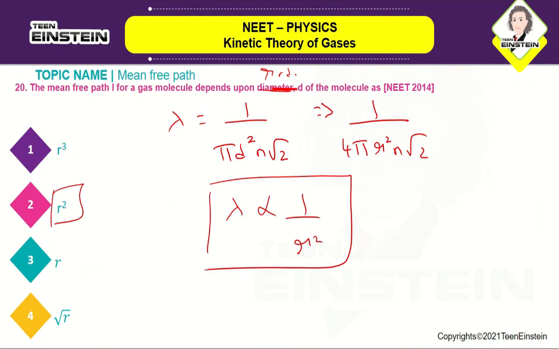The same formula, in the last question they were asking how it is related with the diameter, and in this particular question they are asking how it is related with the radius. So in both the cases it is inversely proportional to the square of the diameter, and inversely proportional to the square of the radius.